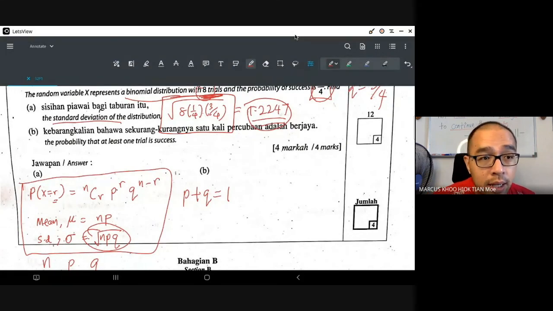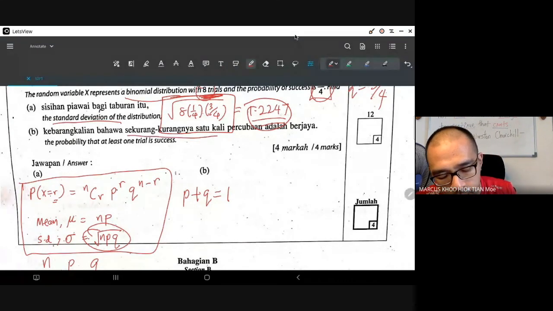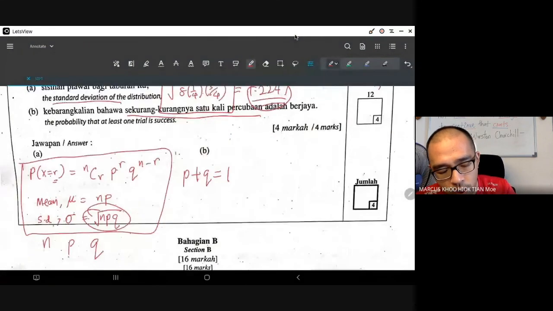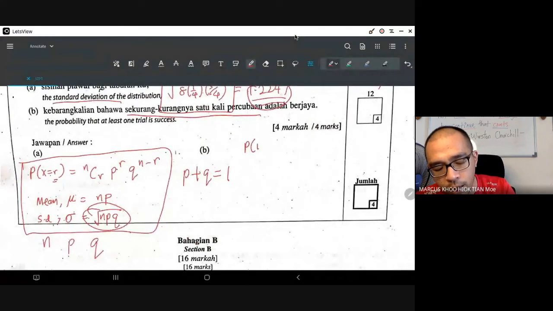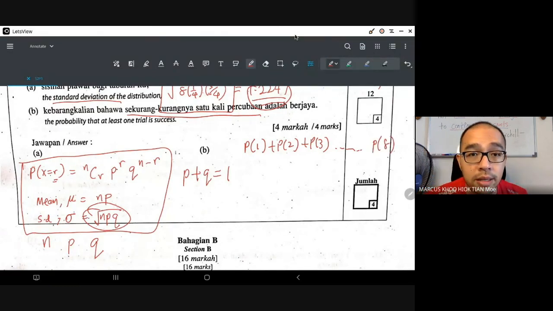All right. Last one, the probability that at least one trial is a success. Okay, sekurang-kurangnya 1. Okay, now if there are 8 trials, means you have to count the probability of 1 plus the probability of 2 plus the probability of 3 all the way until the probability of 8, which is crazy lah.